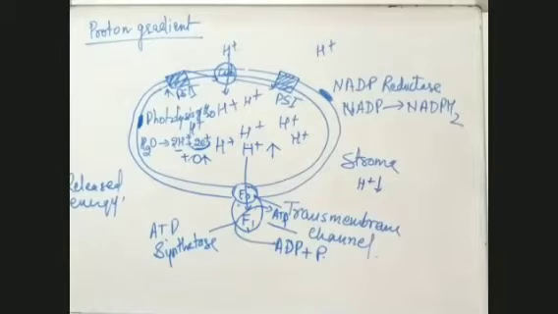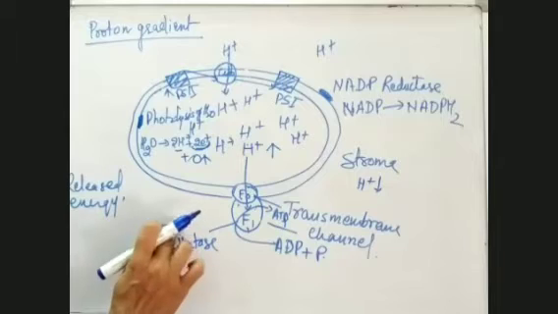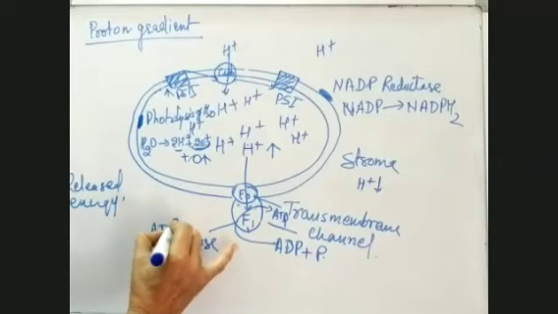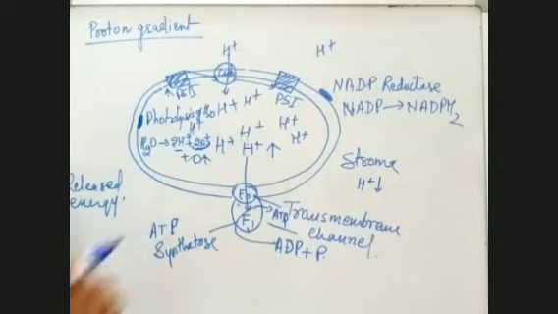This is how ATP is synthesized, by the breakdown of the proton gradient. And this is very important, the breakdown of the proton gradient, because that releases energy, and that particular energy is then utilized for the synthesis of ATP. And I think this process of the chemiosmotic hypothesis is clear to you.